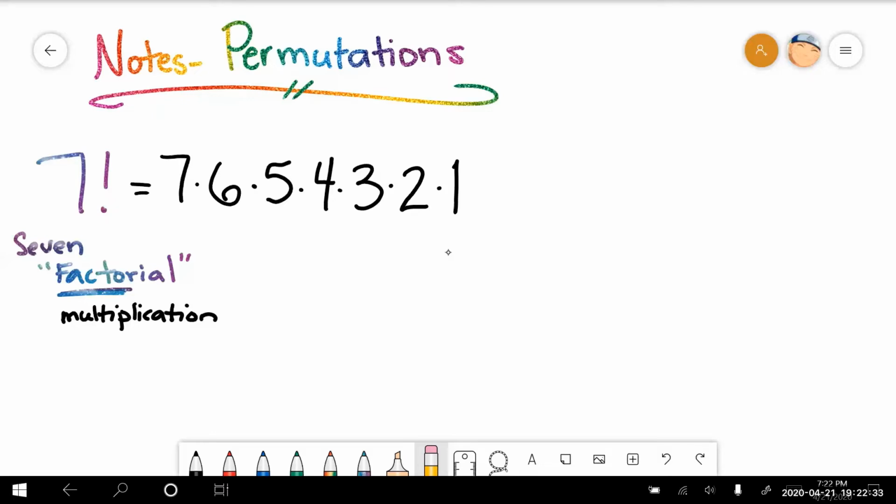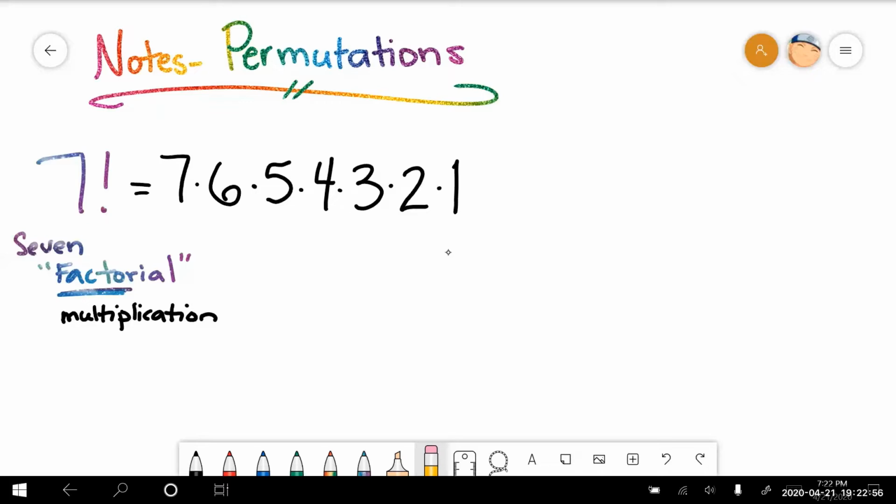I can multiply these all out using my calculator. Some of your calculators might have the factorial symbol on them, and you can utilize that, but if not, you know what they mean. When you multiply it out, you get some humongous number. I believe your iPhones have factorial on them. If I check quickly here, they do.